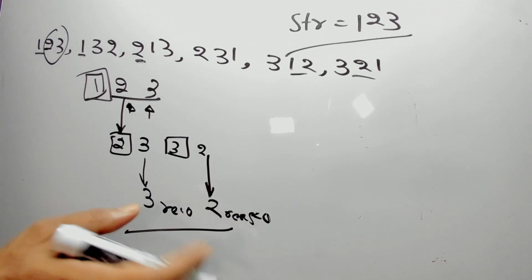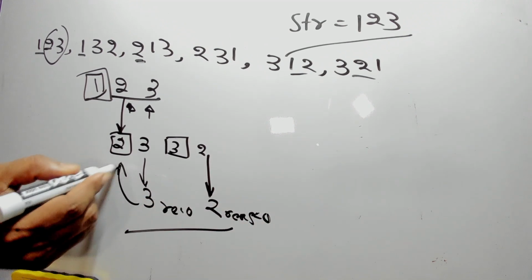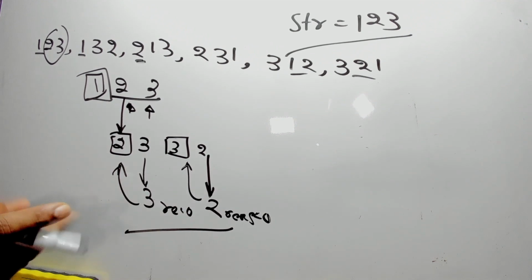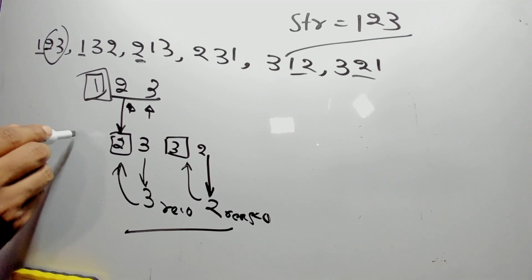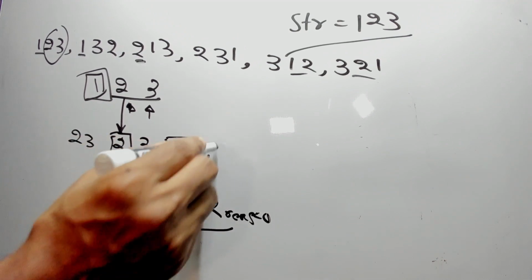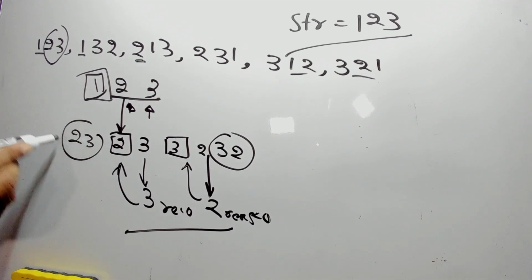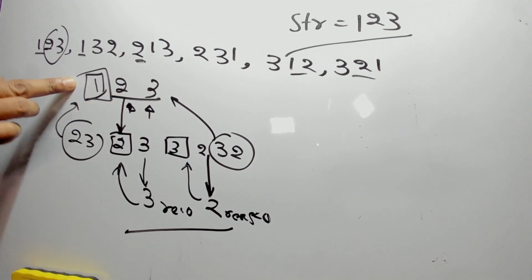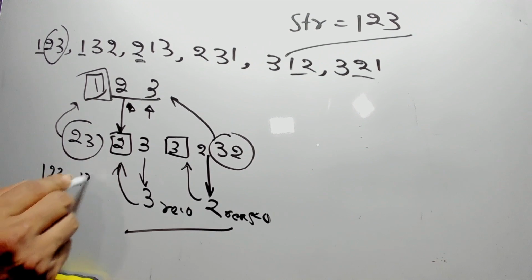If the rest becomes 0, then we'll return this number as a result, and this result will be added to the constant, so this will become 2, 3, and this will become 3, 2, right? And then that will be returned to the top one, where 1 is constant. So this will become 1, 2, 3, and 1, 3, 2.